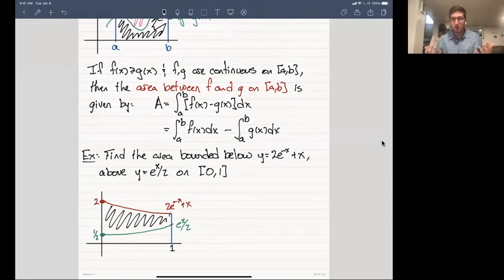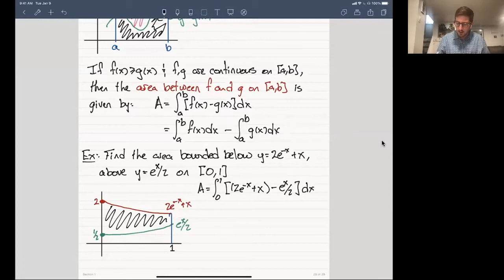We can see the red curve. We are told the order of these curves, so we can calculate this area. So our area is the integral from 0 to 1 of the upper curve, that's 2e to the minus x plus x, minus the lower curve, e to the x over 2, dx.